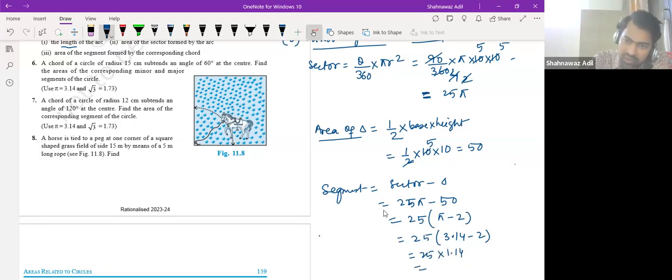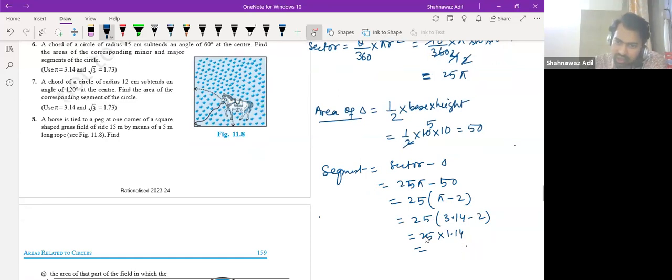So this is 28.5 centimeters squared. This is the area of the minor segment.